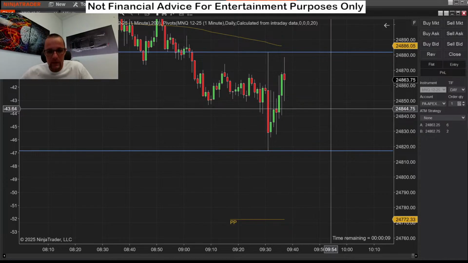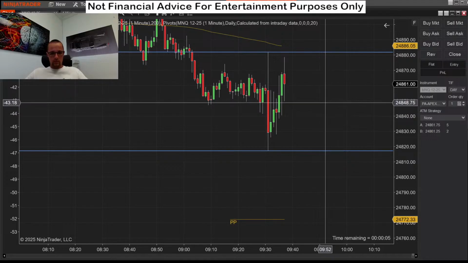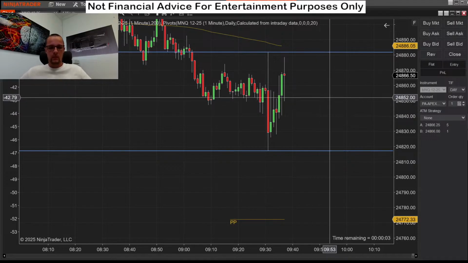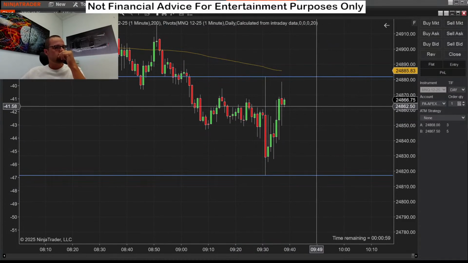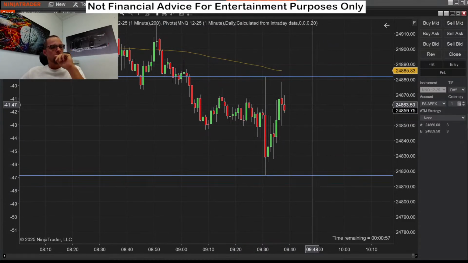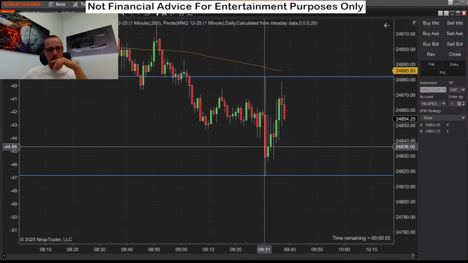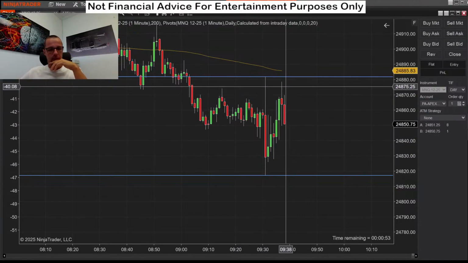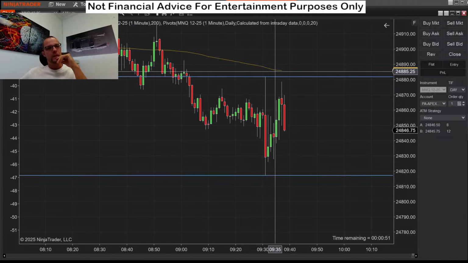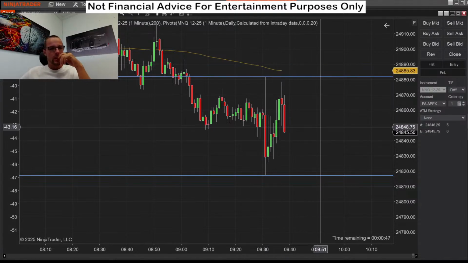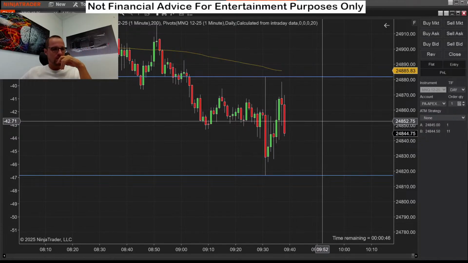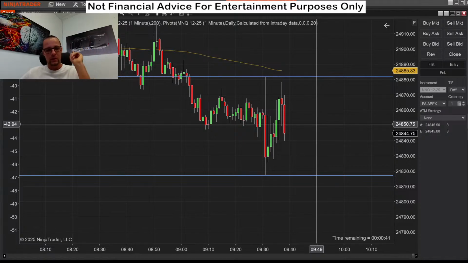Seeing what happens here. How does the 200 work? It's like an EMA, so it's a moving average, and it plots out the average of the past 200 candles.